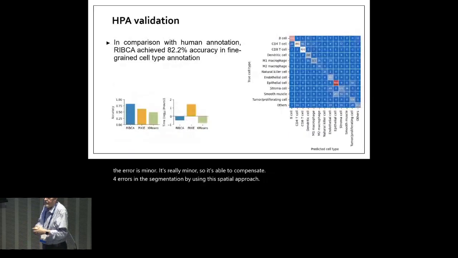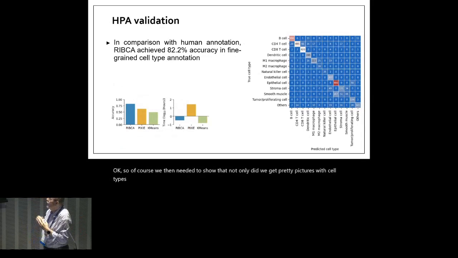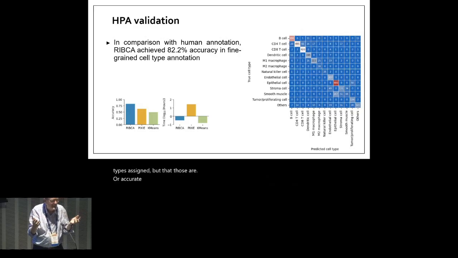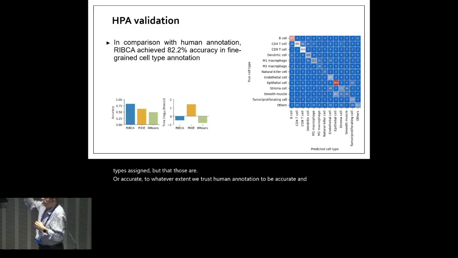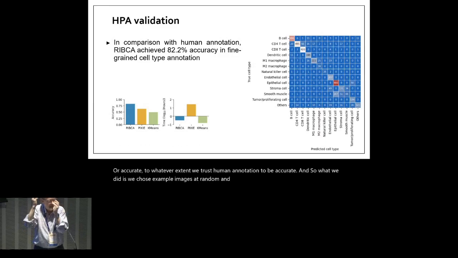Of course, we then needed to show that not only did we get pretty pictures with cell types assigned, but that those are accurate to whatever extent we trust human annotation to be accurate. So we chose example images at random and then had a human annotator go in and say, is this the correct one or not?